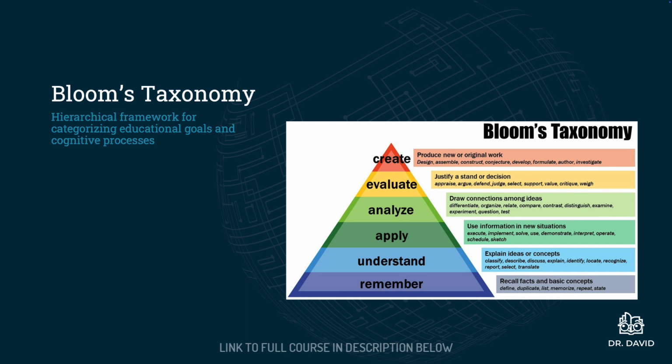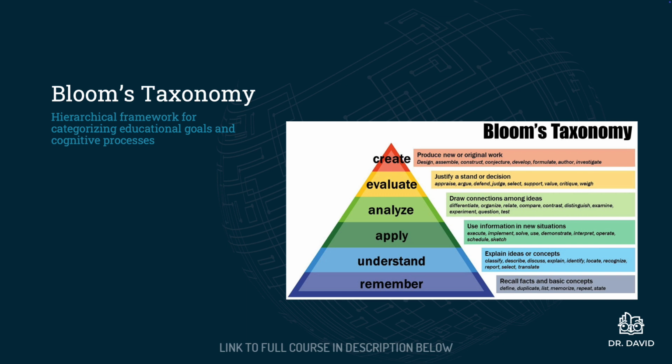For example, by the end of this lesson, students will be able to understand the foundational concepts of artificial intelligence in order to properly govern AI in their organization. That's one example of a student learning objective.